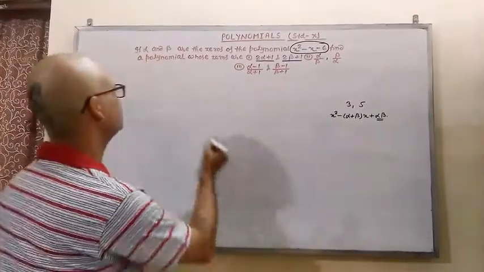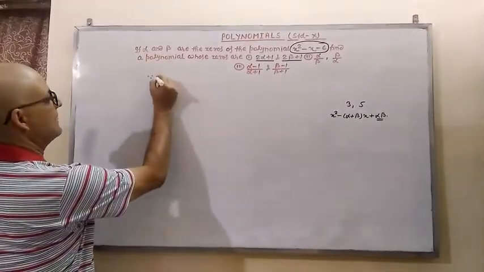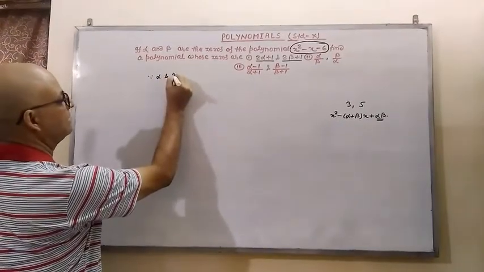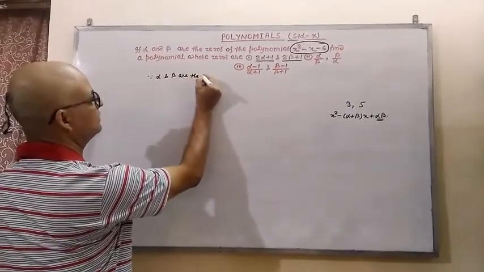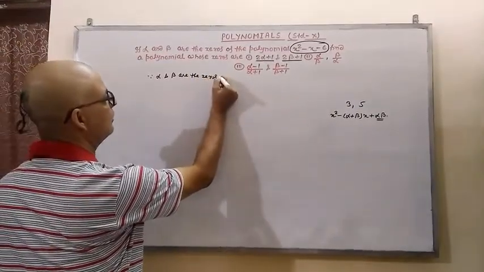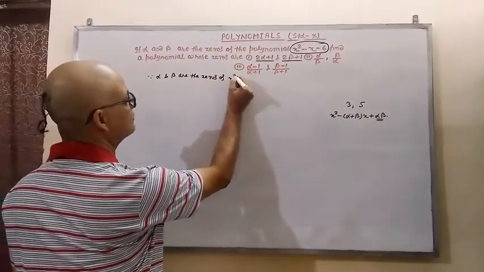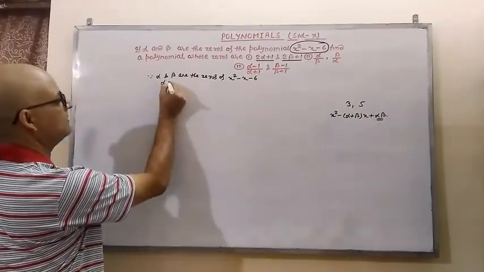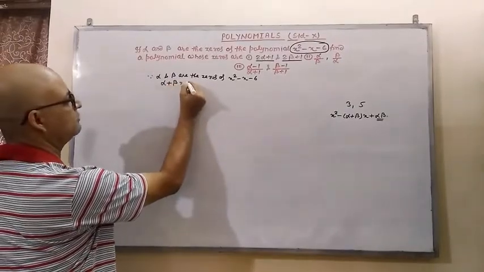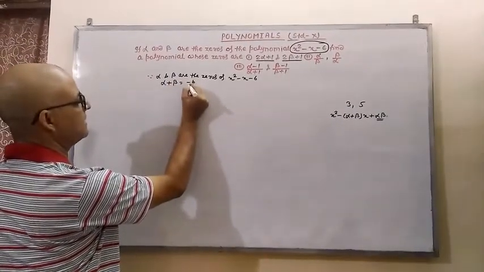So first, since alpha and beta are the zeros of x square minus x minus 6, therefore alpha plus beta is equal to minus b by a.